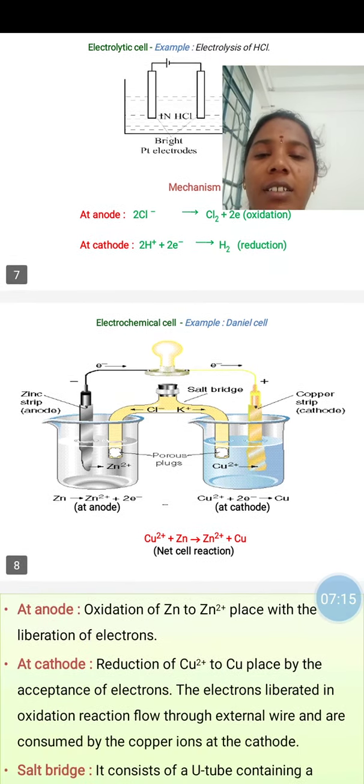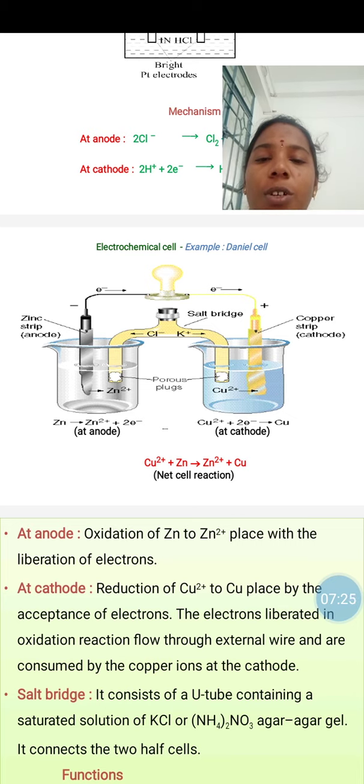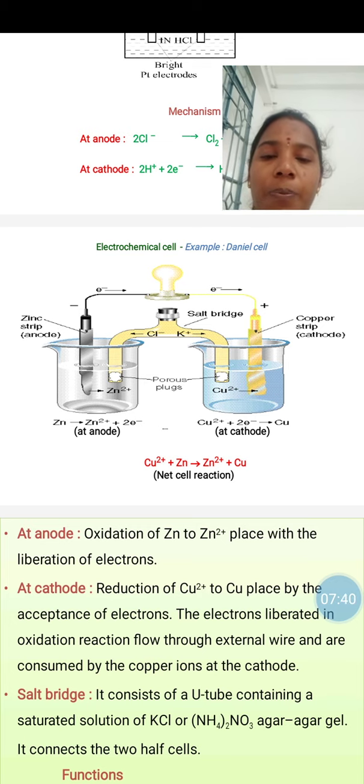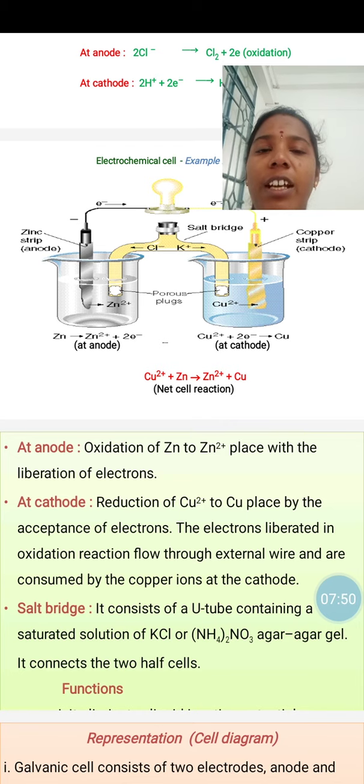The second image is an electrochemical cell, for example the Daniell cell. Here there are two half cells. The two half cells are connected through a wire, the two electrodes are also connected through a wire, and the two electrolytes are connected through a salt bridge. The net reaction is Cu2+ plus Zn forms Zn2+ plus Cu. Here is the movement of electrons.